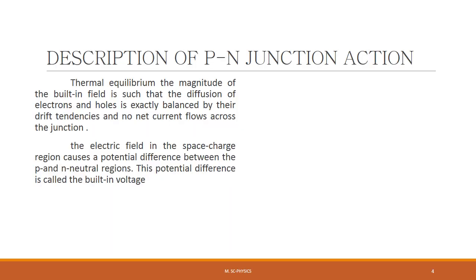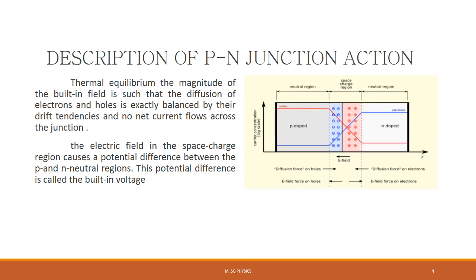Next, the description of p-n junction action. At thermal equilibrium, this is called the thermal equilibrium condition. This thermal equilibrium condition indicates there is no external force. This is called the p neutral region and n neutral region, and this is called the electric field or space charge region or depletion region.